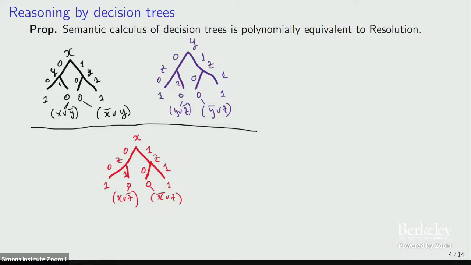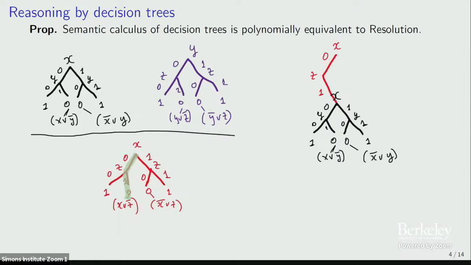We just consider the zero leaves and the clauses that are refuted in these zero leaves. Consider, for example, one zero leaf and the clause corresponding to it, and write this path separately, and in its leaf we hang the first decision tree.